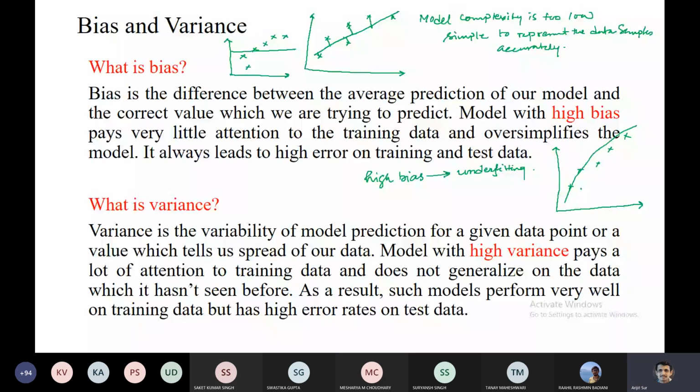But if it is like this, it is a very high variance, so there is a lot of this thing. It is more easily understood in this case, where we have some sort of noisy kind of data.